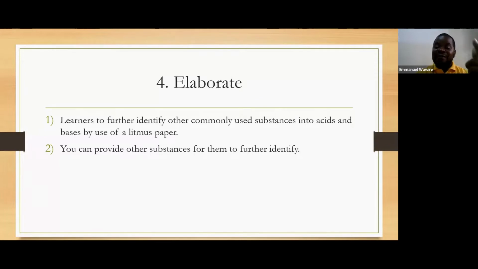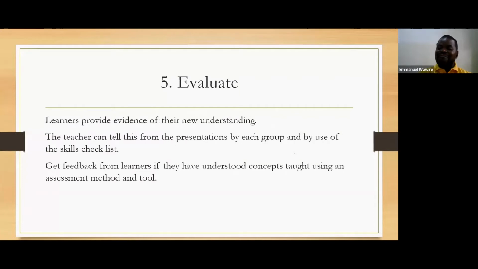So you're engaging them further to use the knowledge they have gained in the hands-on activity to further classify other commonly used substances. It could be in school or at home. Okay, so that's elaborate.